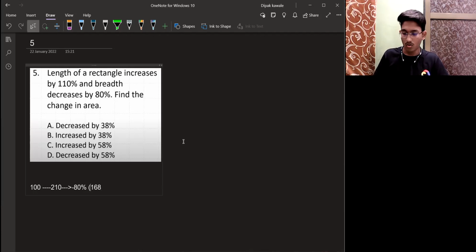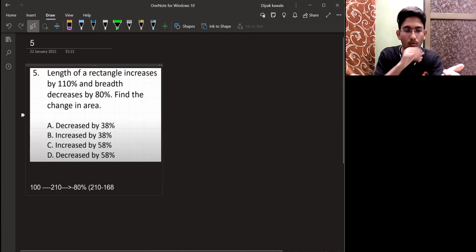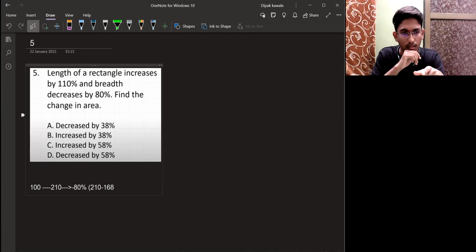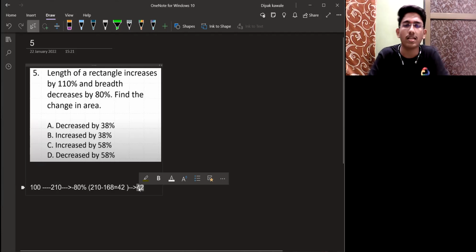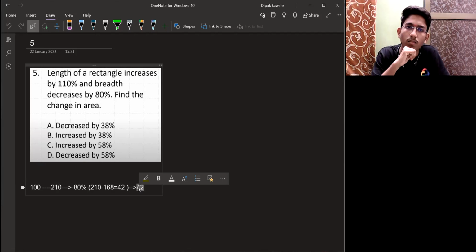That means 210 minus 168 is nothing but, let's do, and this will become 42. Yep, 42. Okay, that means students, initially it was 100 and now it becomes 42. That means there is a decrease of how much percentage? Yes, you are right, 58%.